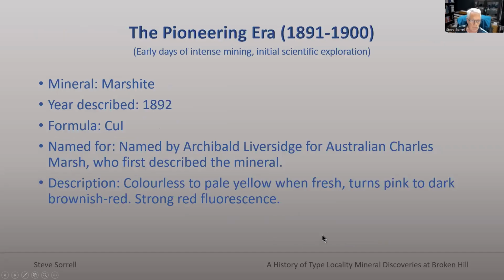So the first of them, and I'm doing it in chronological order, was marshite, and that was discovered very early on. It's a fairly basic copper iodide mineral, but a very interesting one as well. It was named by Liversidge, and Liversidge produced a book called The Minerals of Broken Hill just before Broken Hill was discovered.